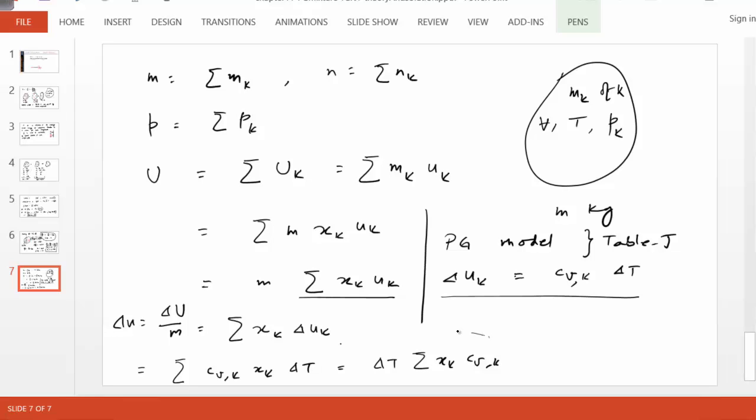And notice what this is. This is the mass fraction weighted Cv of each component, which is the mixture Cv times delta T.